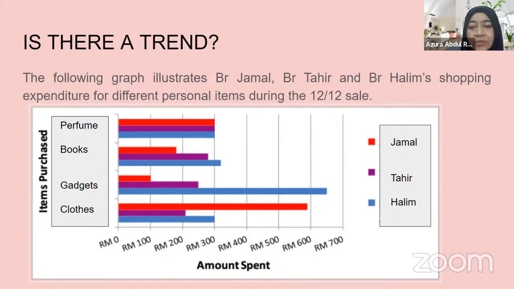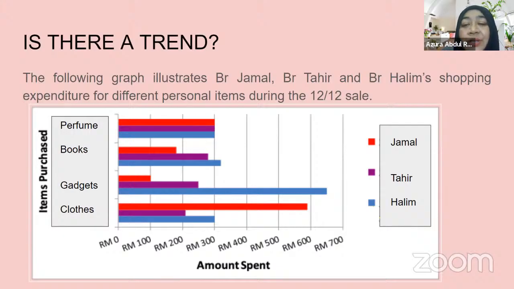For books bought by Halim, okay, 300 is there, but there's a bit above 300. How would you write this down? How would you write this out if you were going to describe this? Over 300. All right, you can say slightly over 300.